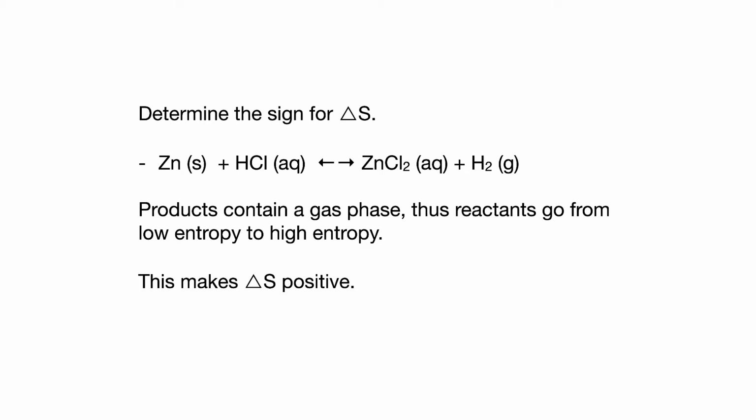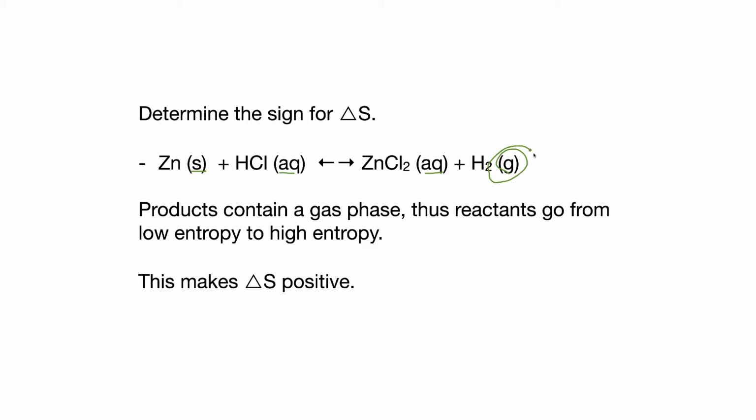So here's our equation. We have a zinc that's solid, hydrochloric acid that's aqueous, it's in a liquid solution. We have zinc chloride on this side that's in a liquid solution, and we have hydrogen gas. So what is this going to be? Well, there's a solid right there, there's liquid, and there's a gas.